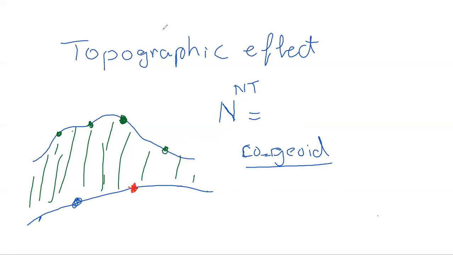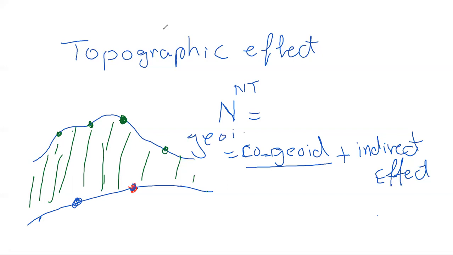Therefore, the effect of the topographic masses should be restored to the co-geoid to make the geoid. So I call this the indirect effect, or topographic effect. So the geoid is co-geoid plus indirect effect.